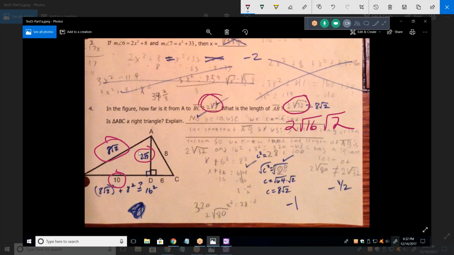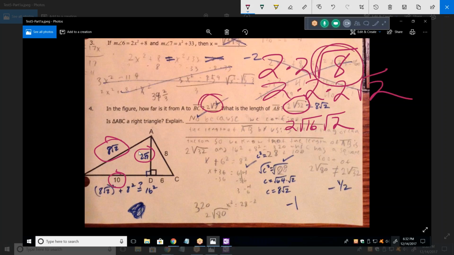If I use a smaller one like 4, then I'm dealing with 2 times root 8, and then I got to simplify that further, so it becomes 2 times 2 times 2 times root 2, and that's where the 8 comes from. But notice that if we do it the most efficient method, it's 2 times 4, there's your 8 root 2.